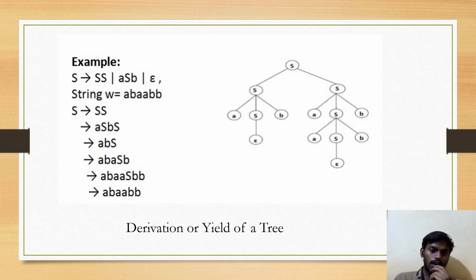Then again S can be written as aSb. Then abaSb. Then S can be written as SS. Then we can write abaaSbb, and S can be written as epsilon. Then we get abaabb. Here is the graph showing the derivation or yield of a tree.